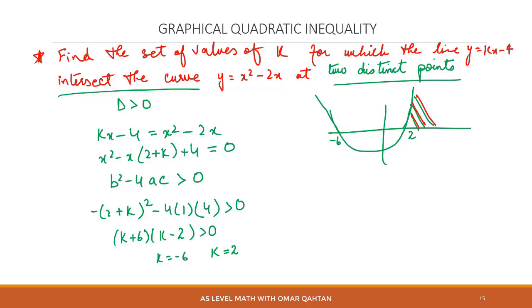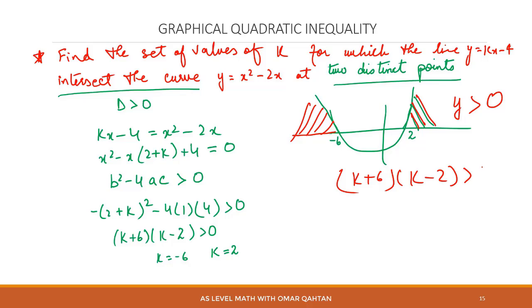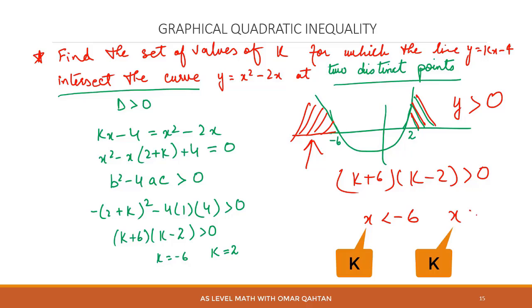The important part is this part, because this is the region where y is greater than 0. So we have (k plus 6)(k minus 2) greater than 0. So what I'm going to do here is say k should be less than minus 6, talking about this part, and k is greater than 2, talking about this part.